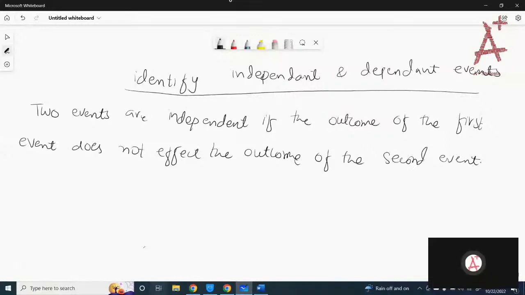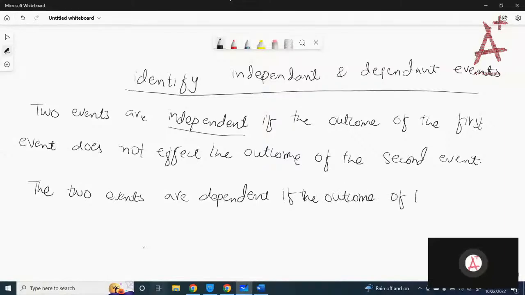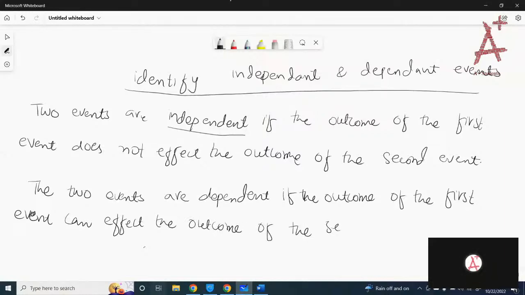the two events are dependent if the outcome of the first event can affect the outcome of the second event.